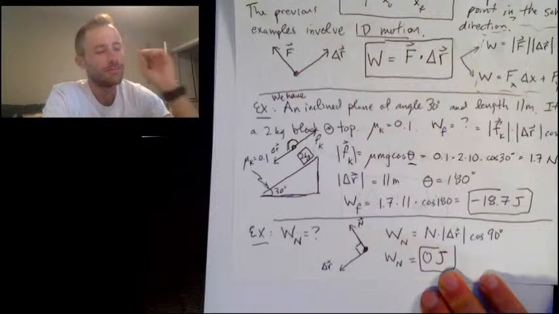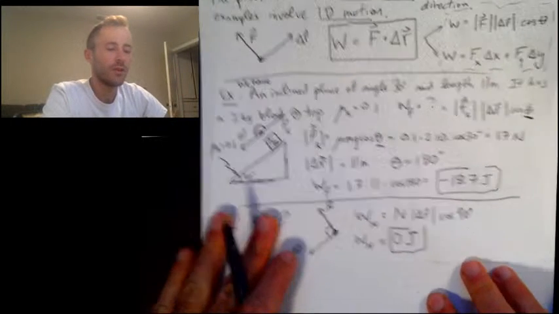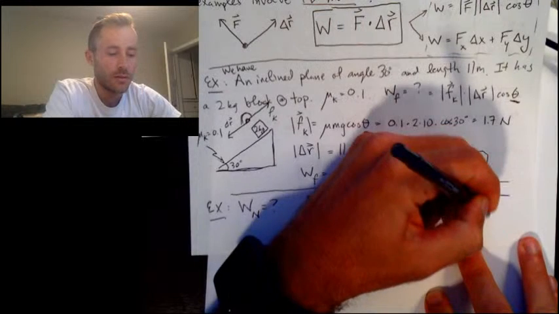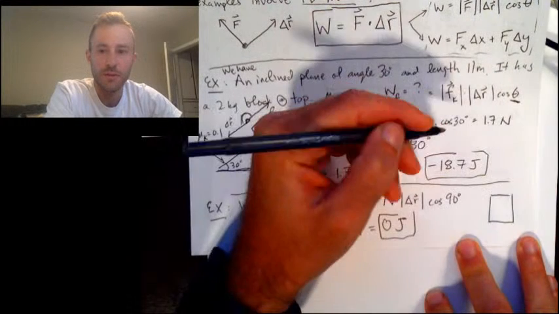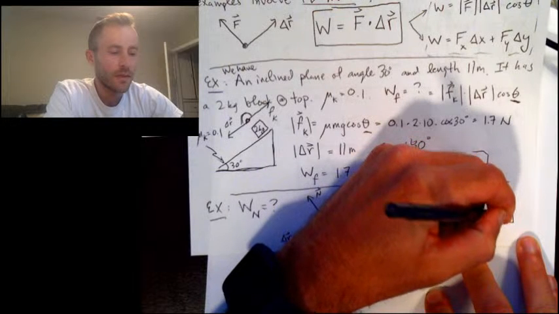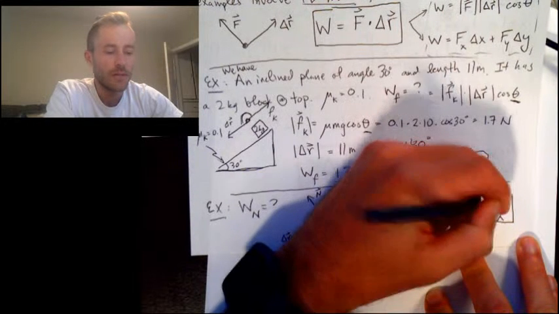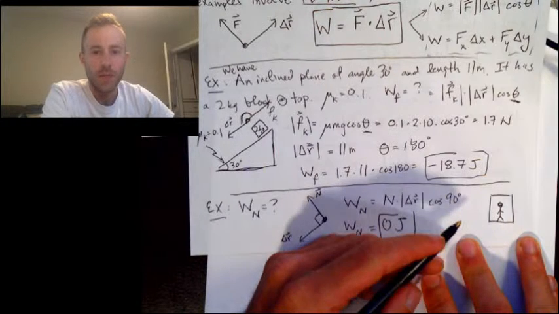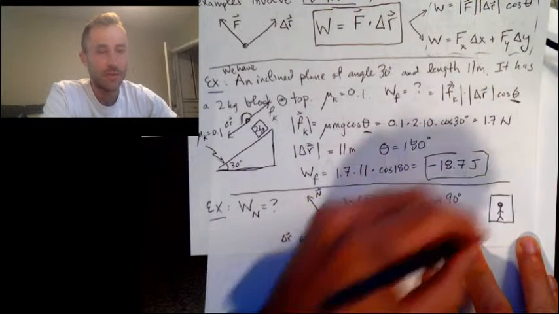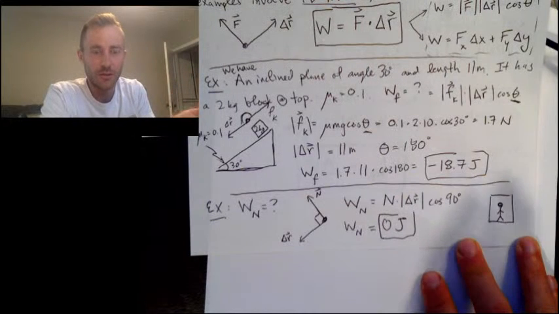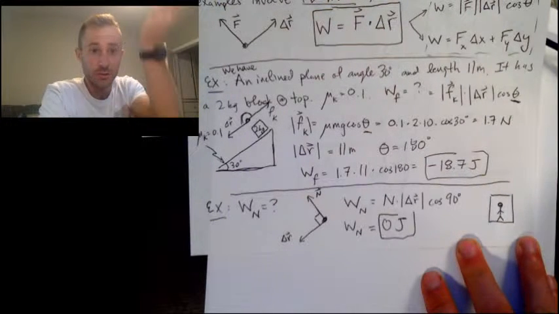Elevator, very good. So if you are on an elevator, here's the elevator, and you're on the elevator. The reason that you get moved by the elevator is because the normal force from the floor of the elevator pushes you upward.